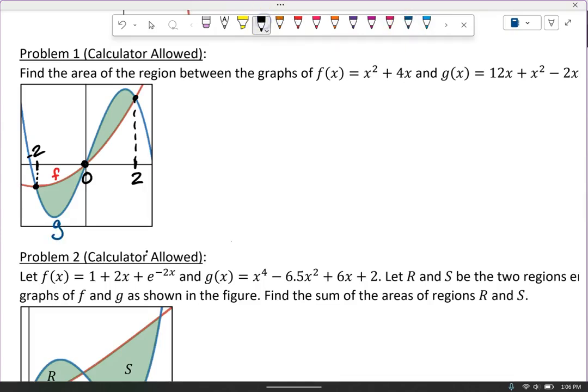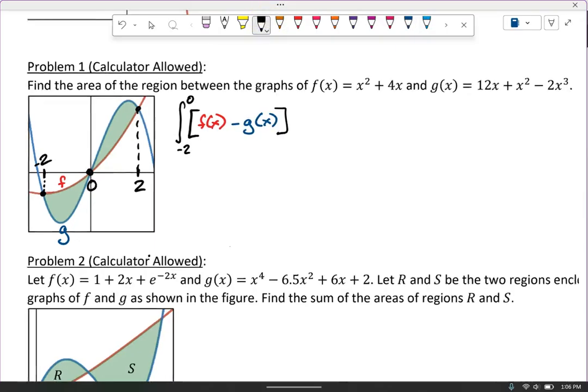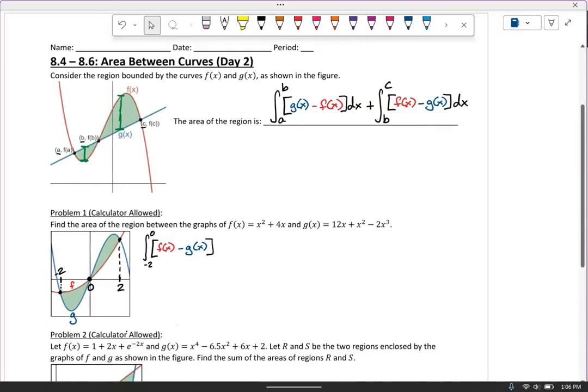So for my first integral, what's my first integral going to look like? The integral from where to where? -2 to 0 of my f of x minus g of x. So I want to point out, does that necessarily match with what we had up there?